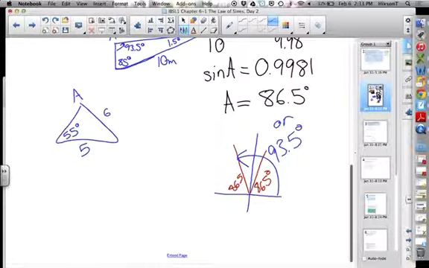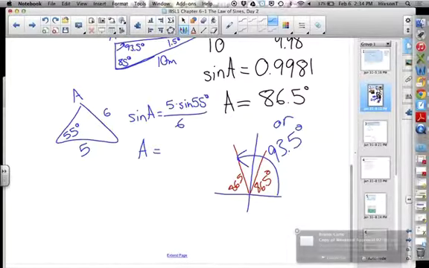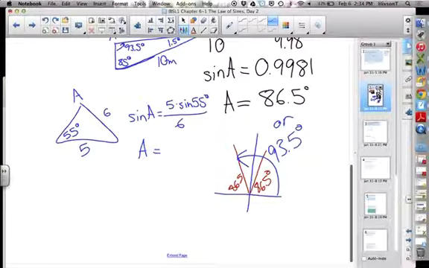I do the math here, cutting some steps out of the way, and sine of angle A equals 5 times sine of 55 over 6. So what does that give me for A? Can someone do that real quick on their calculators? Okay, 0.682, so then take the inverse sine of that. 43.1. Okay.